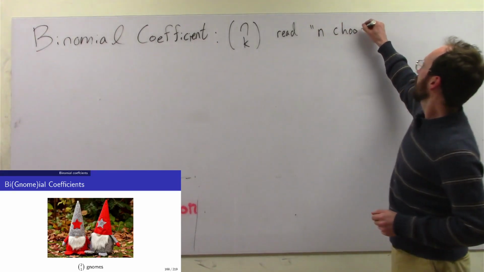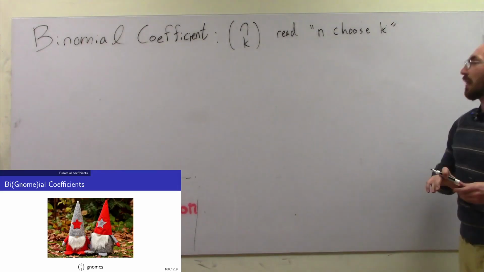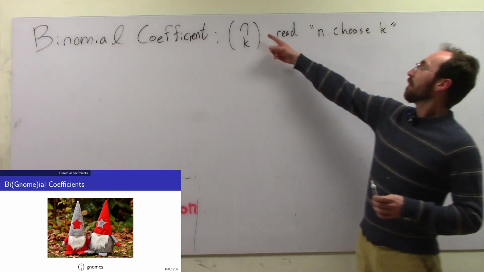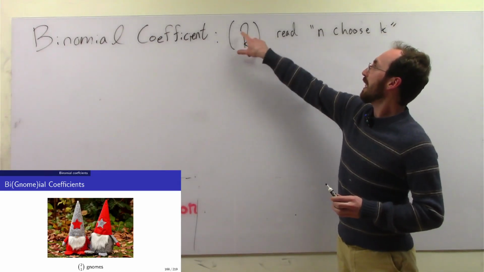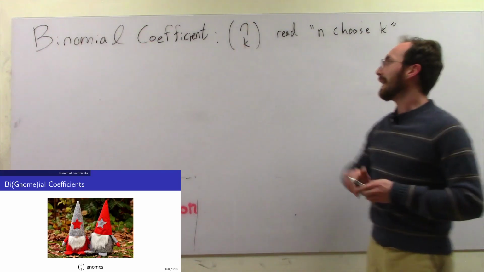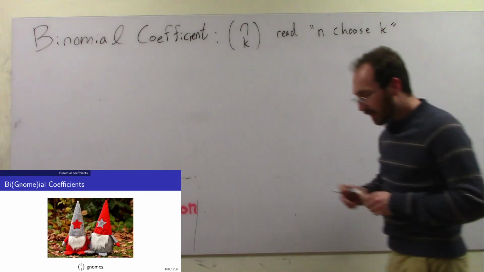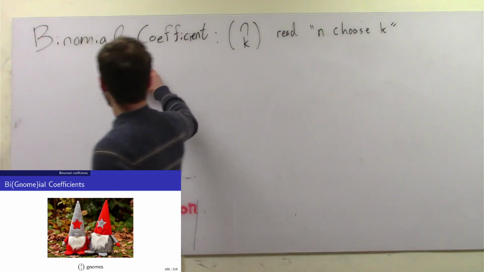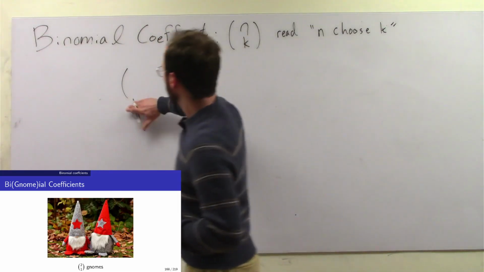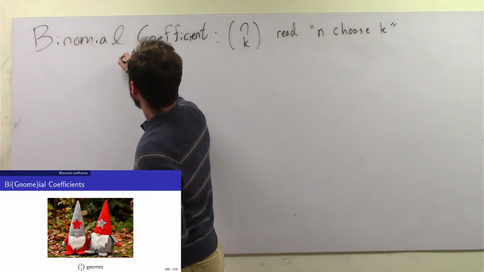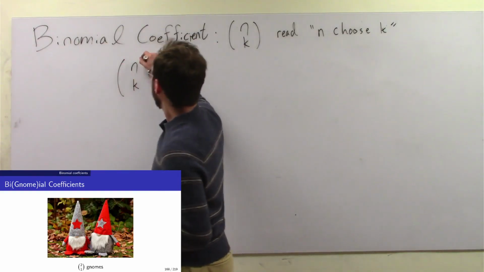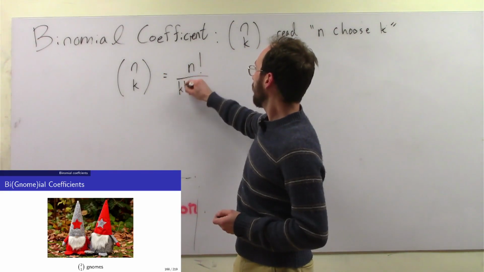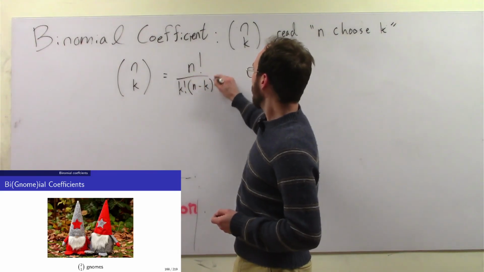N choose k, but the way we read it is exactly how we're trying to describe it. We are counting how many ways there are to choose k things from an n set. We also know a numerical value for n choose k. It's the same as n factorial divided by k factorial times n minus k factorial.